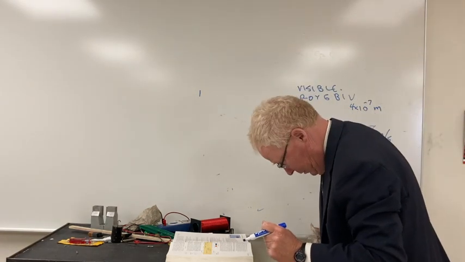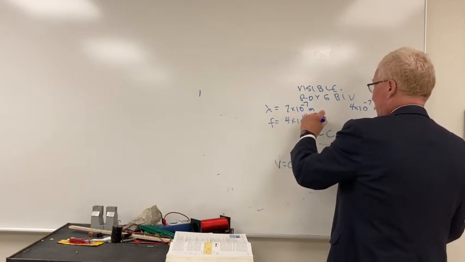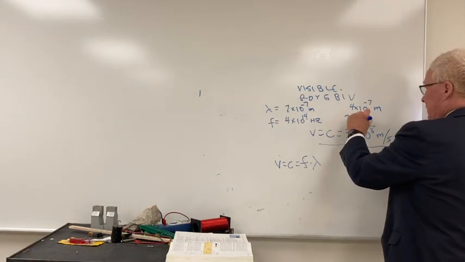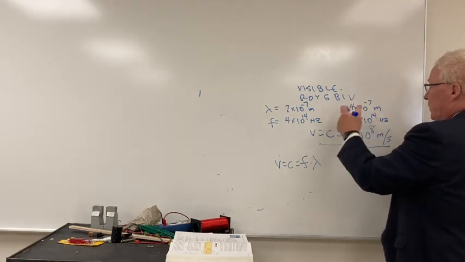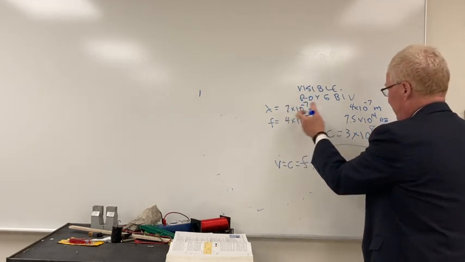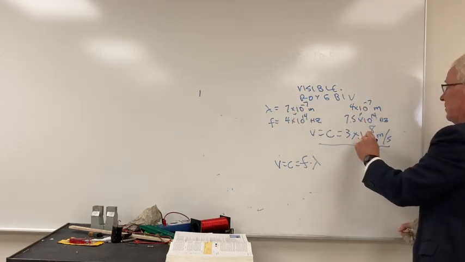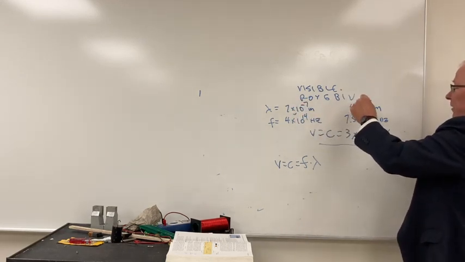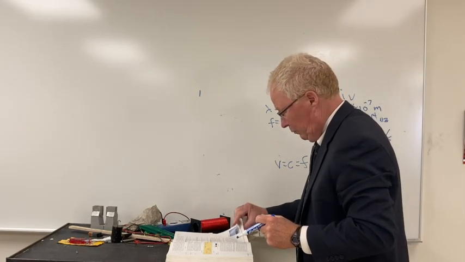I'll just quote from the book, 4 times 10 to the 14th hertz, and this is 7.5 times 10 to the 14th hertz. So the product of frequency and wavelength gets you the speed of light. As the wavelength gets shorter, the frequency gets higher, and you get higher energy.